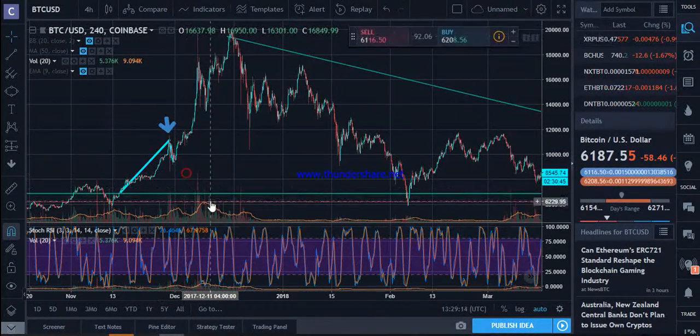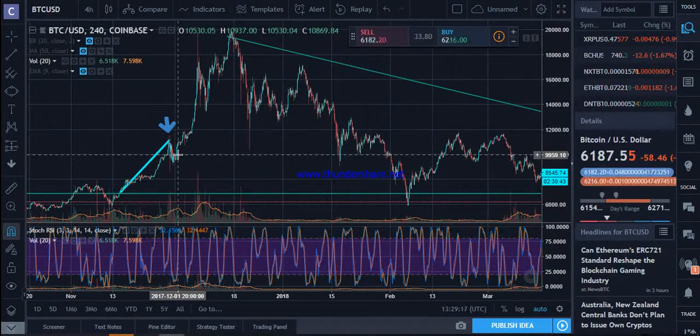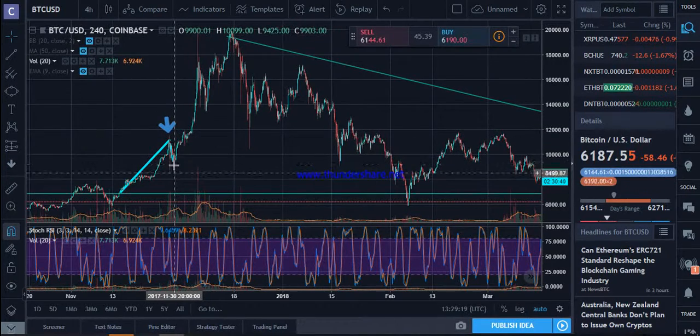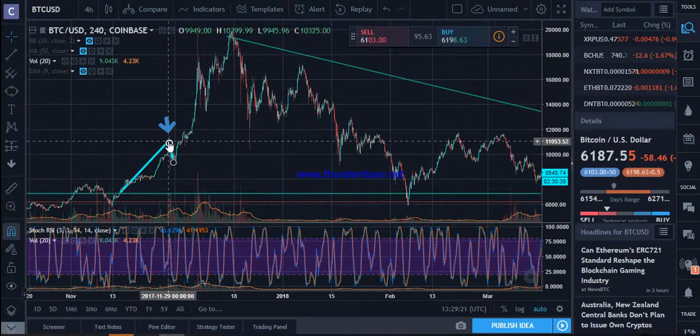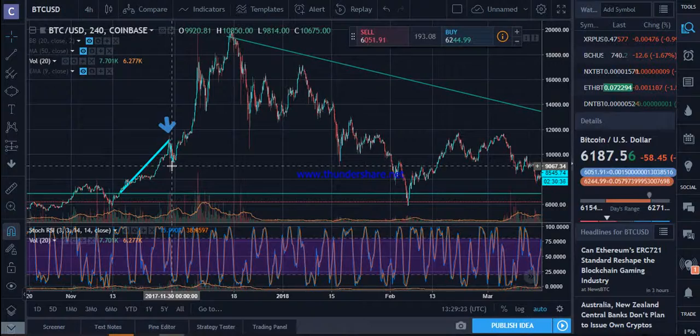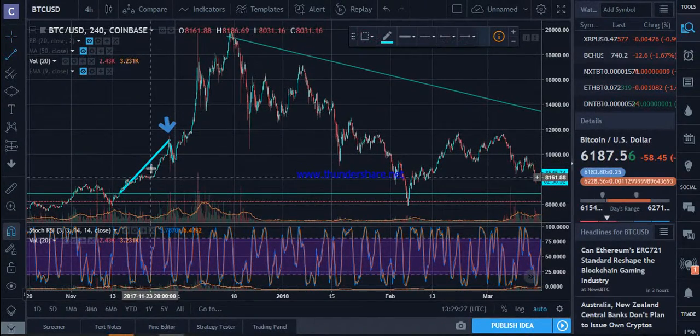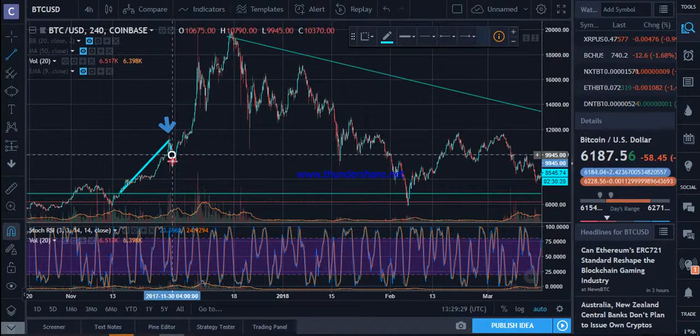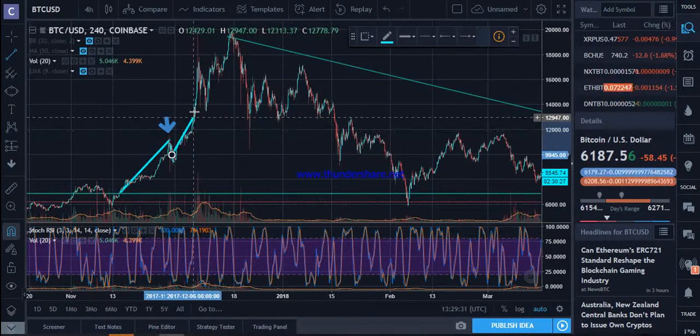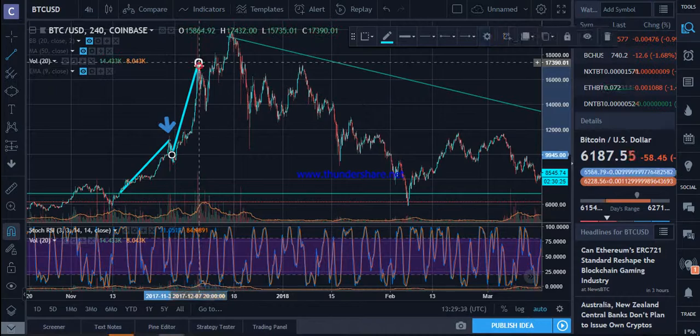So a wave one is here, it retraces down here, which is a wave two, and we move straight to the wave three. And wave three starts actually from here, moves all the way here.